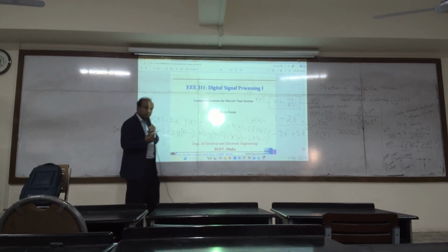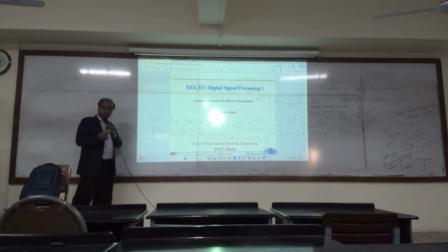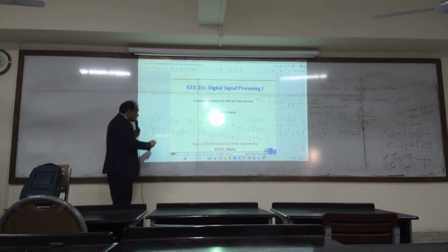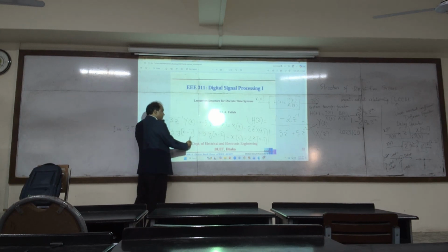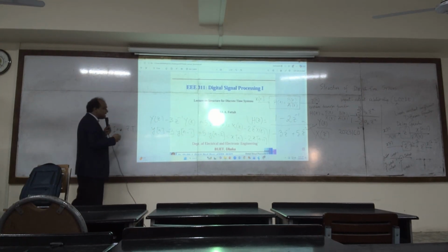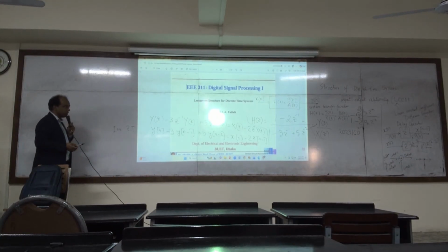So this is the input-output relationship. Linear, constant coefficient, difference equation, not differential. You have a lot of differences: first difference, second difference. One sample is first difference, two samples is second difference. So linear, constant coefficient difference equations.